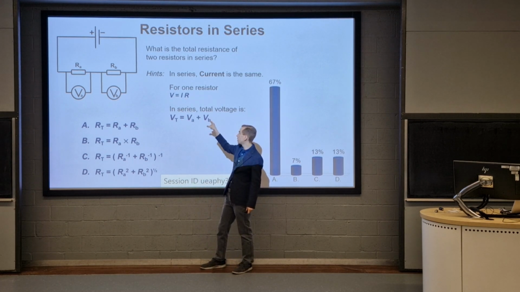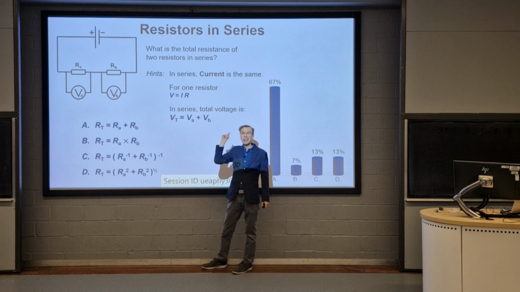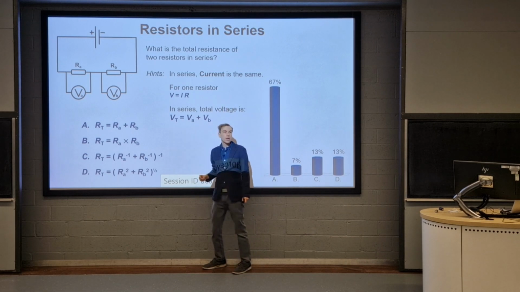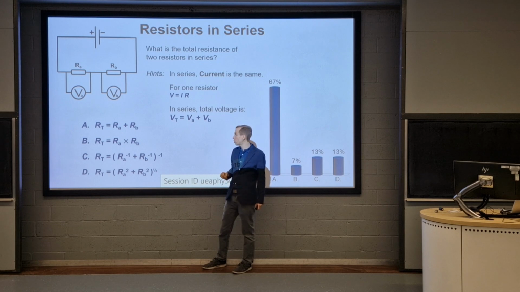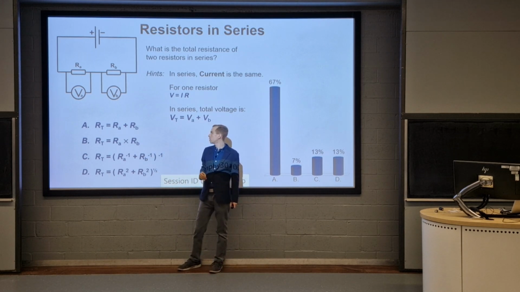V equals IR for the total and for A and B. And then the last piece of the puzzle that we need is that in a series, the current is the same. So those currents are just going to divide out, and what are we left with? We're left with this one over here. Our total resistance is equal to resistance A plus resistance B.